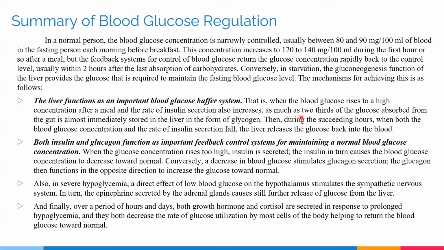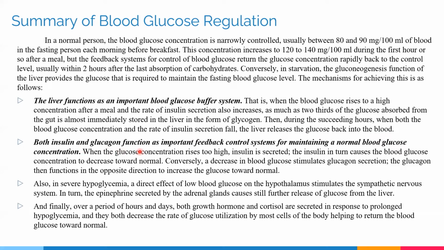As such, as much as two-thirds of the glucose absorbed from the gut is almost immediately stored in the liver in the form of glycogen. Then, during the succeeding hours, when both blood glucose concentration and the rate of insulin secretion fall, the liver releases the glucose back into the blood.